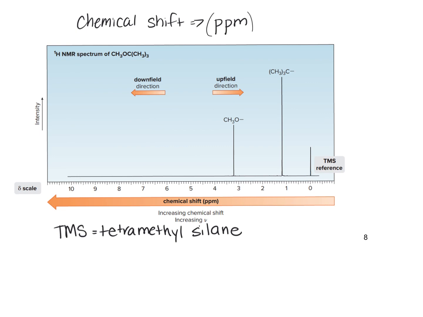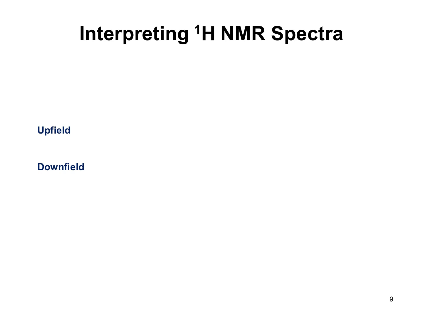Now, most protons are going to absorb between 0 and 10. And again, we're talking protons, we're not into carbon yet. So let's put some words to that. Most protons absorb between 0 to 10 parts per million.